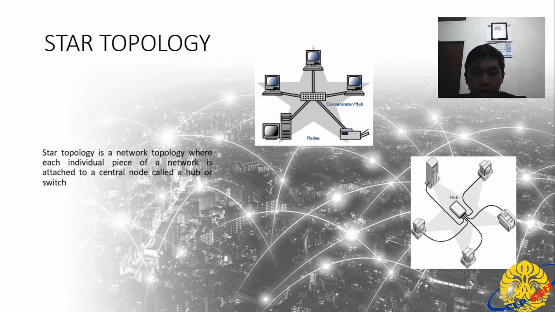The attachment of these network pieces to the central component is visually represented in a form similar to a star. As you can see in those pictures, this and this are connected to the switch or hub in the center.